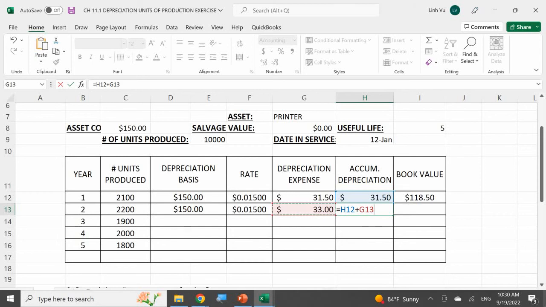Accumulated depreciation is how much depreciation you calculated in grand total as of the second year. That's why we take the previous plus the current year's depreciation expense to get my accumulated depreciation. $64.50. Good. So therefore, what is my book value?